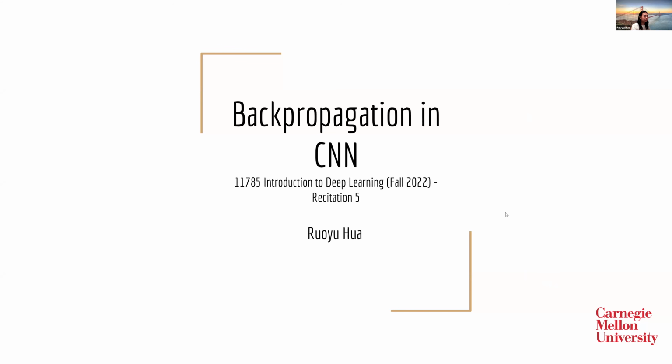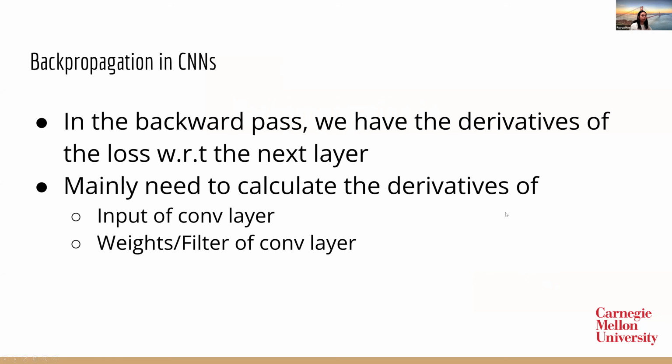In the backward propagation of convolutional neural networks, we always have the derivatives of the loss with respect to the output of the current layer. So our main issue is to calculate the derivatives of the input of the current convolutional layer and the weights, and the derivative of the weights of the current convolutional layer.